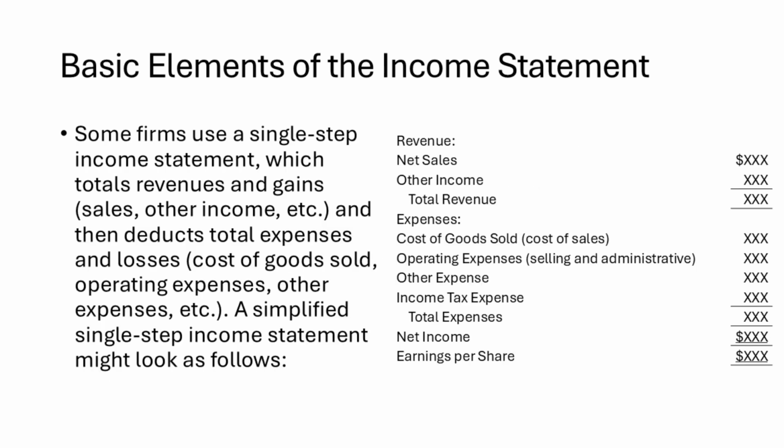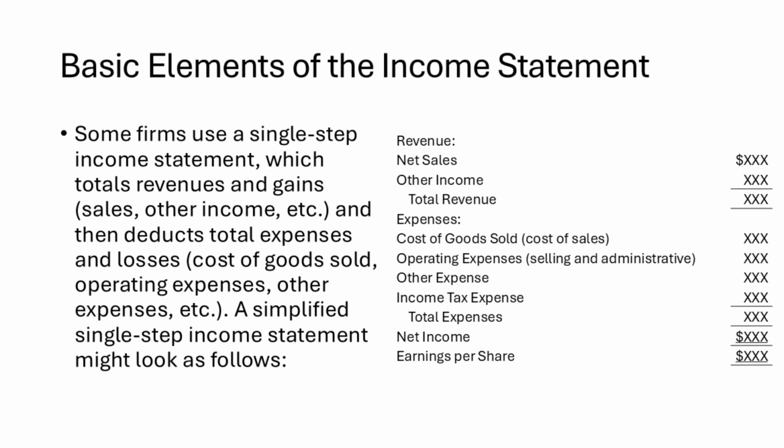We showed the multiple-step income statement on the previous page, and this slide shows the single-step income statement, which has total revenues and gains, net sales, other income, and then deducts total expenses and losses, including cost of goods sold, operating expenses, and other expenses.